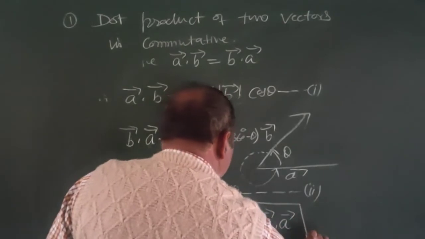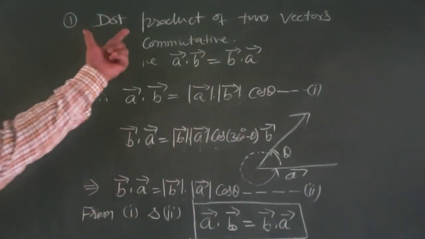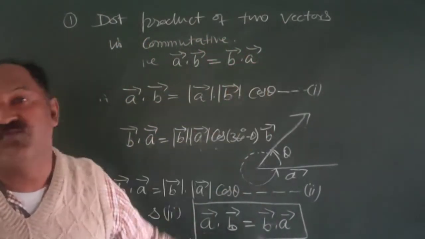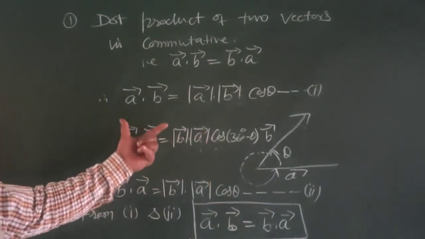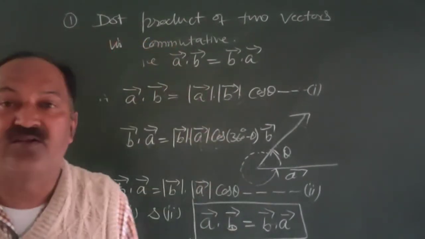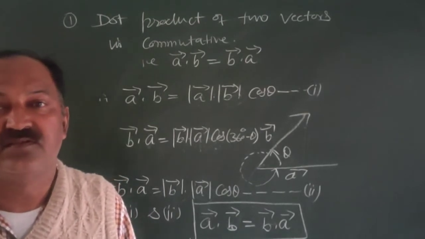In other words, we can say that the dot product of the two vectors is commutative. So this is the first property of the dot product of the vectors. That's all.